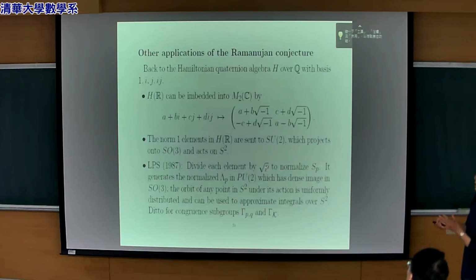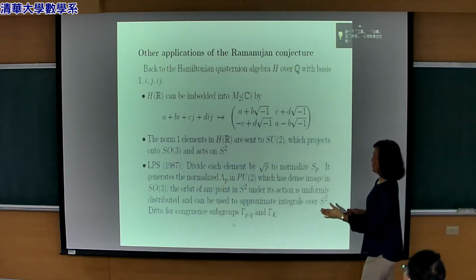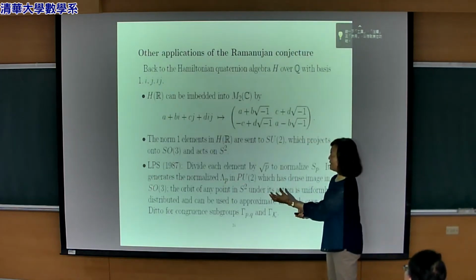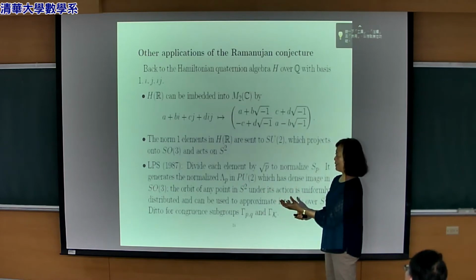Then they generate a normalized group lambda P, which I send to the right-hand side, where it lies in PU2. Looking at the image in SO3, it has dense image. So we managed to put lambda P as a dense group in SO3.